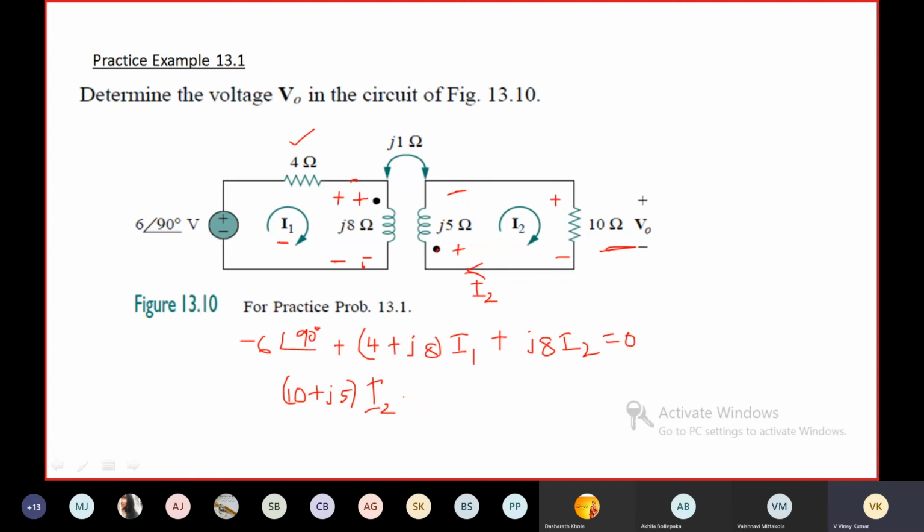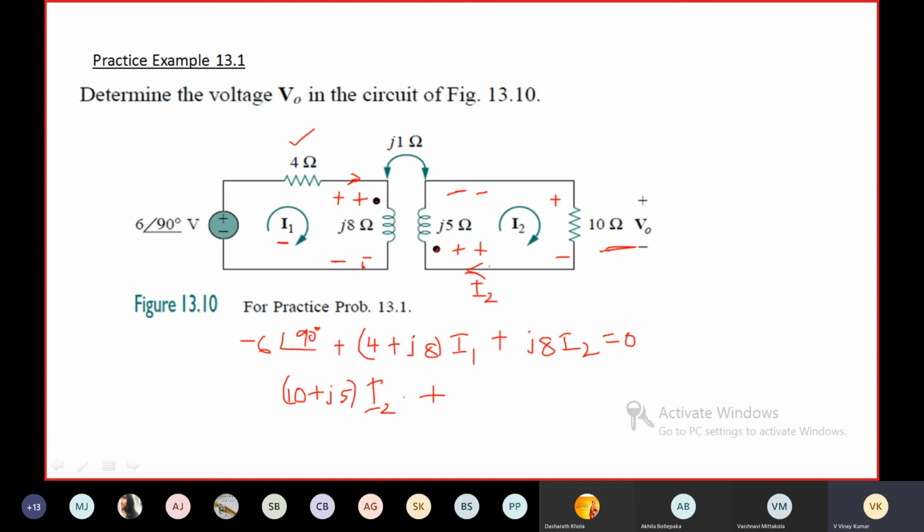Now let us have the mutual induced EMF in coil 2 because of the current flowing through coil 1. I1 is entering the dotted terminal of coil 1, so the mutual induced EMF will be positive at the dotted terminal.